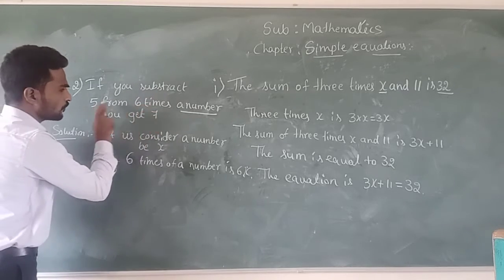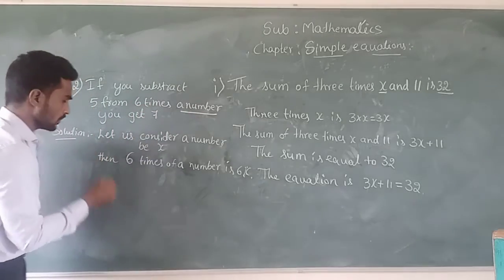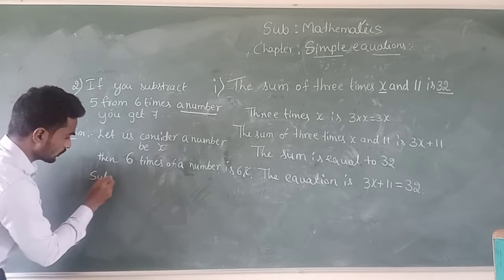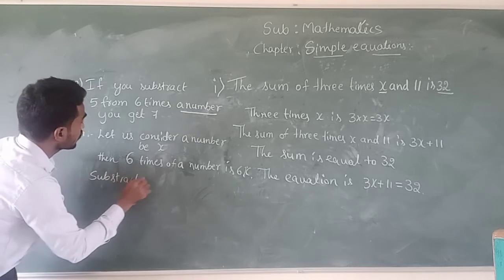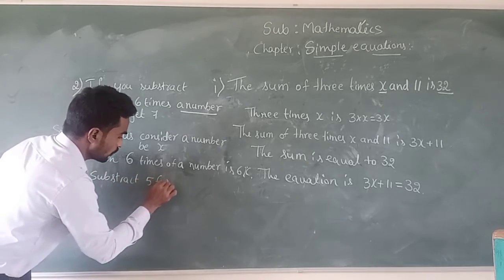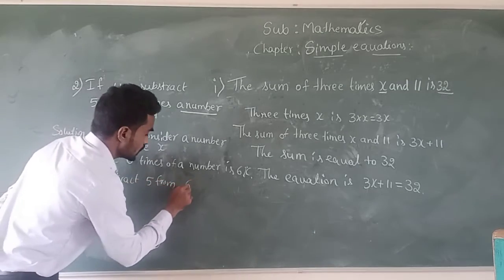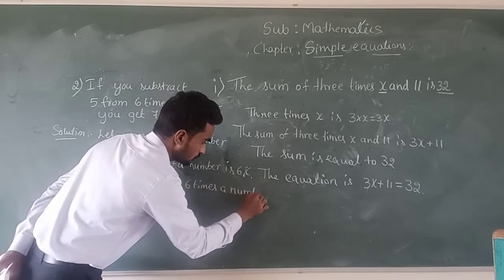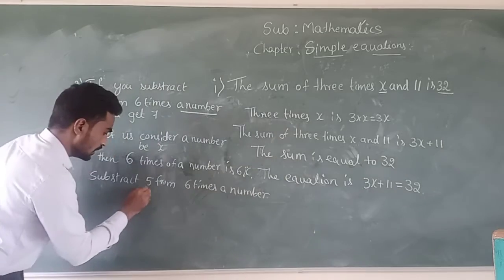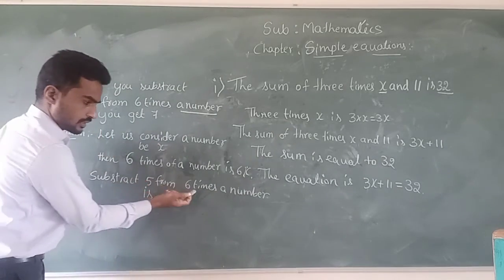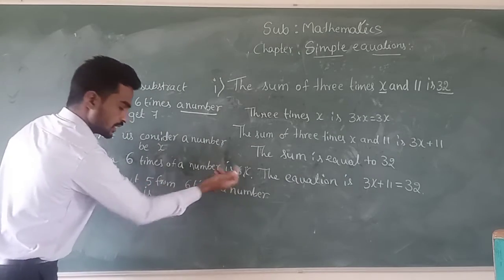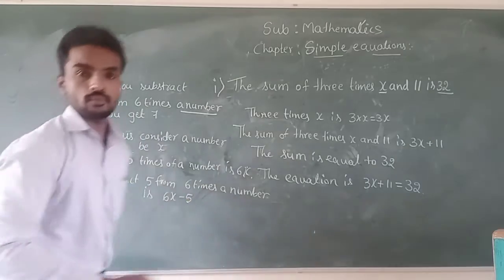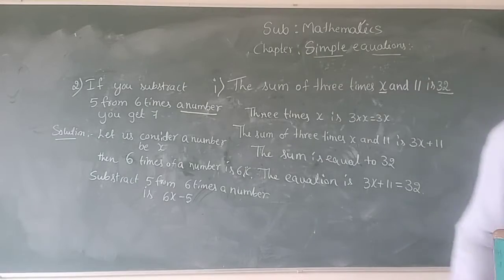We can subtract 5 from 6x, that is 6x minus 5.